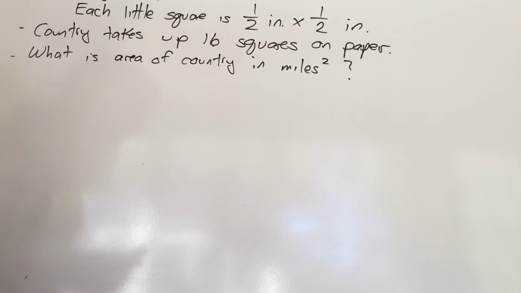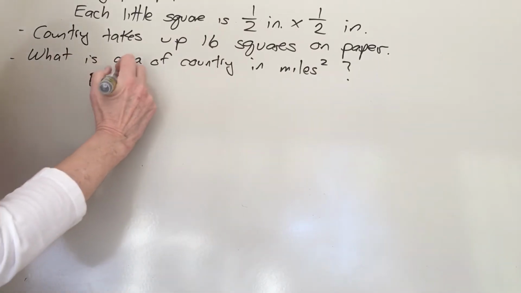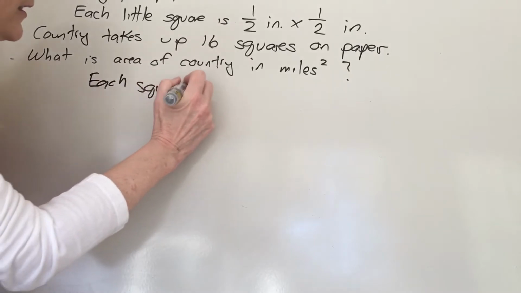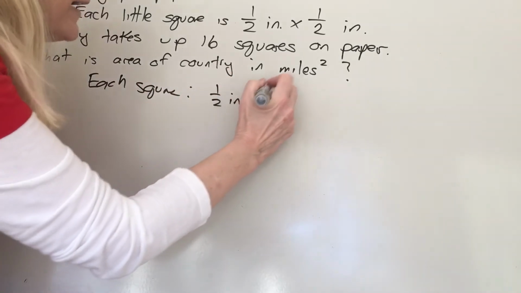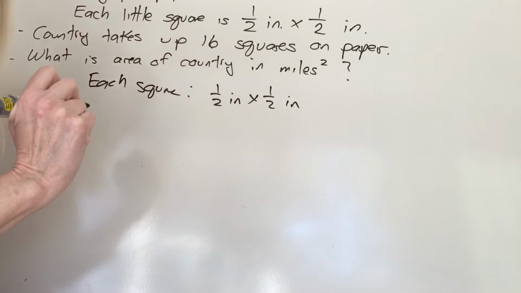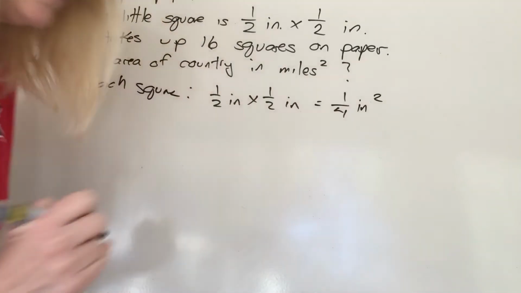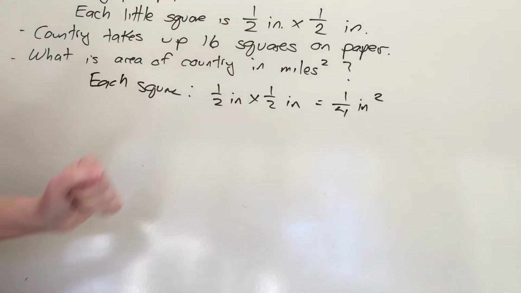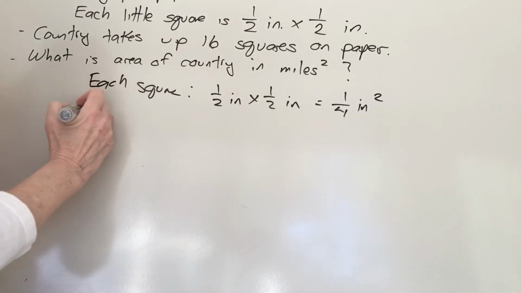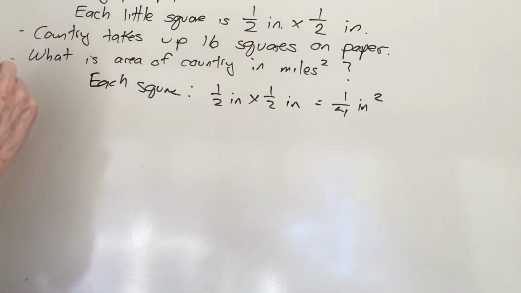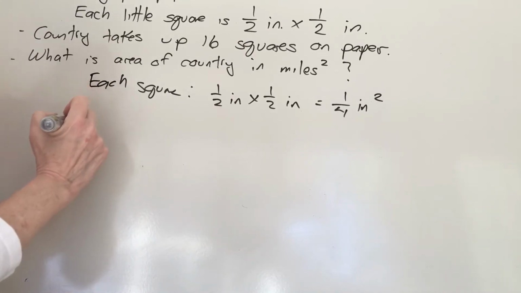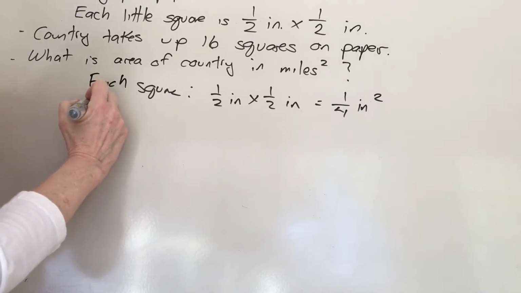Okay, so the first thing you want to do is figure out how many square inches on the map the country takes up, right? So each square is 1/2 inch by 1/2 inch, right? So that's 1/4 inch squared. So each little square is 1/4 inch squared. We have 16. I don't think I said our country takes up 16 squares.